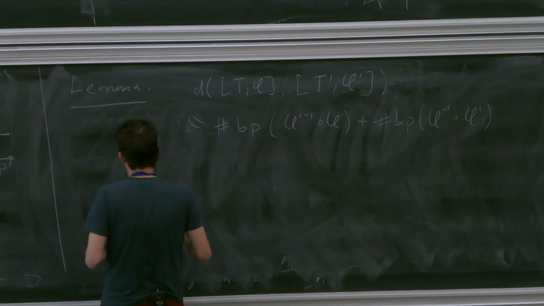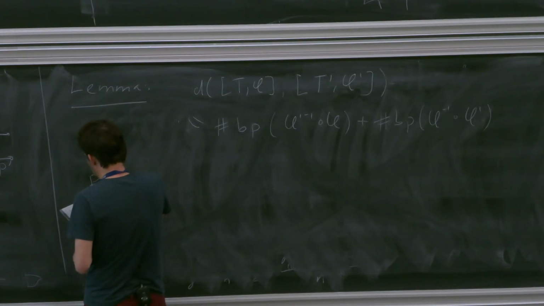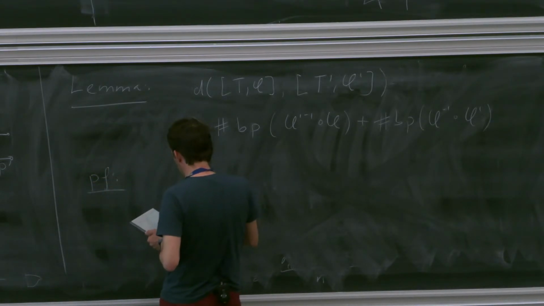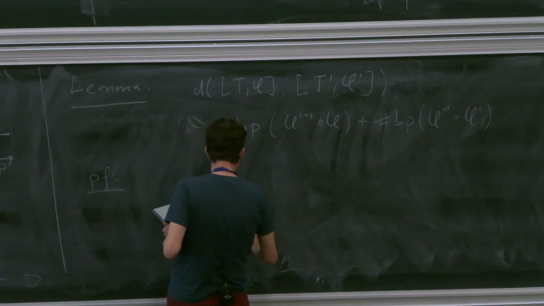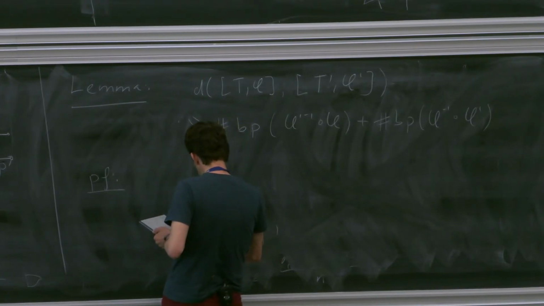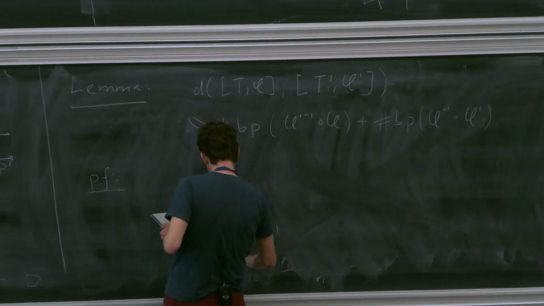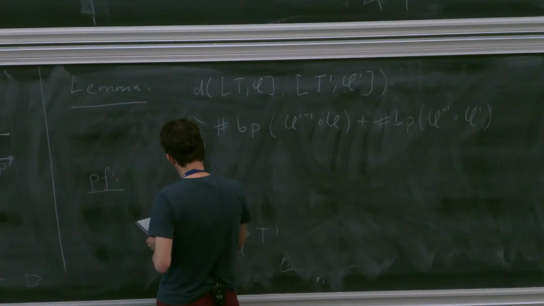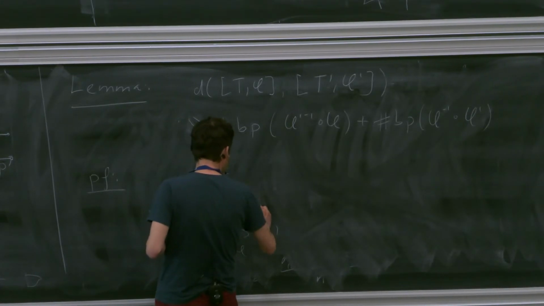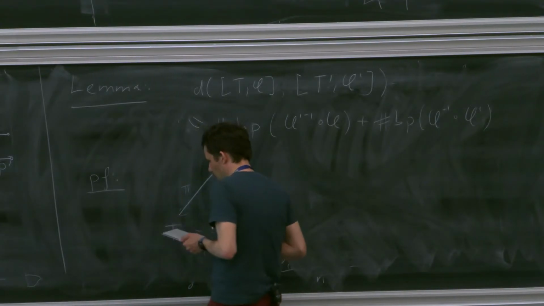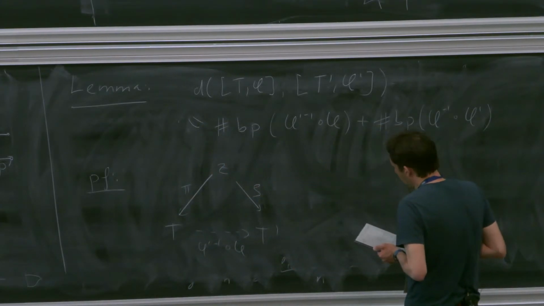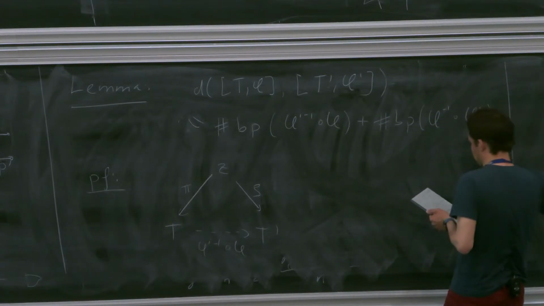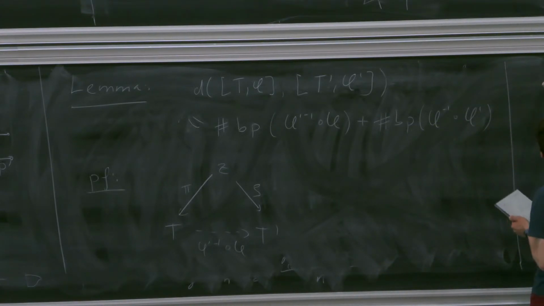And again, the proof is kind of similar. If we have here T going to T prime, here we have phi prime inverse composed with phi. Now again, we take the minimal resolution, pi z here, and here we go down rho. Well, then this gives us a path of the good length.